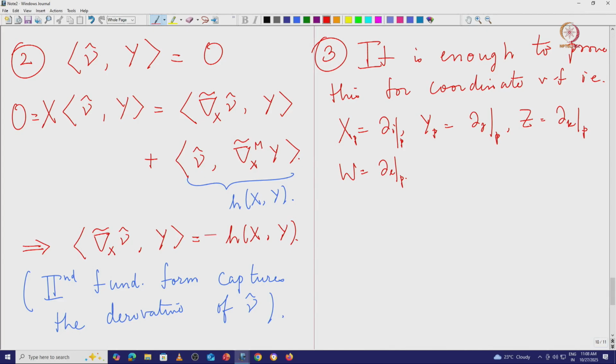Both the RHS and LHS have this multilinearity, so it's enough to prove this identity for these basis vectors.